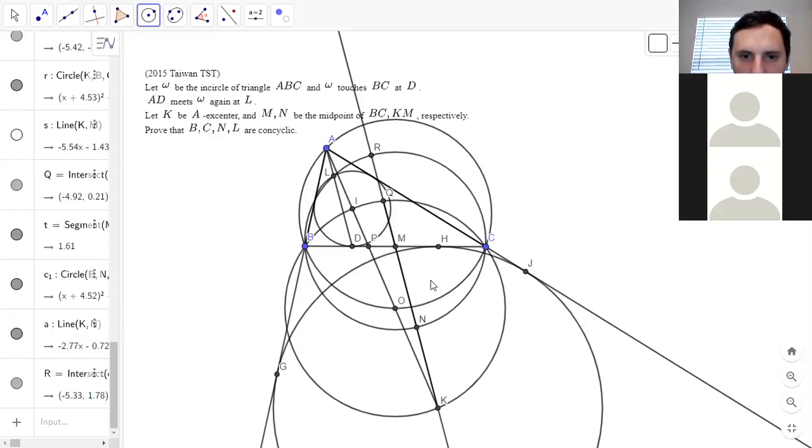So basically, we just want to show IM equals IR. And we know IM bisects AD.